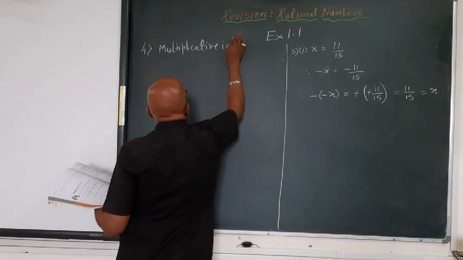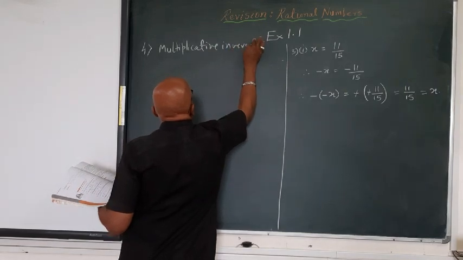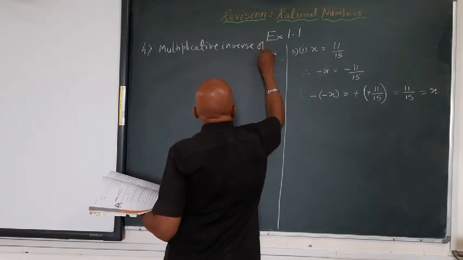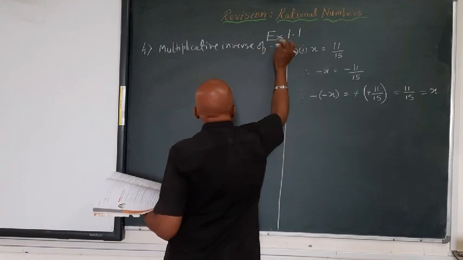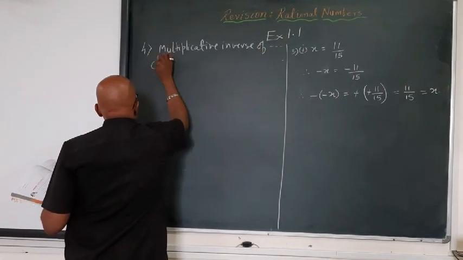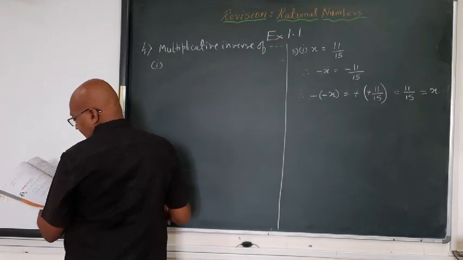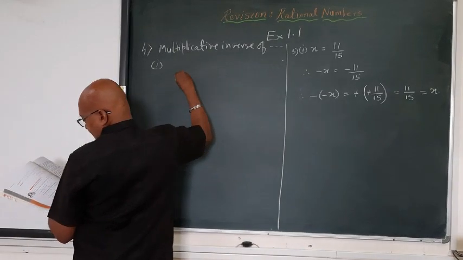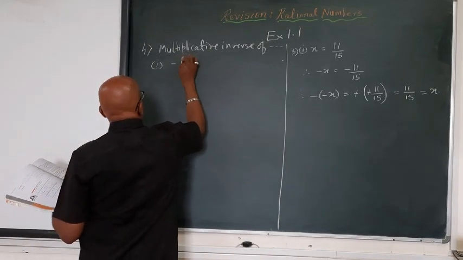First, the multiplicative inverse of the first, that is given minus 13.